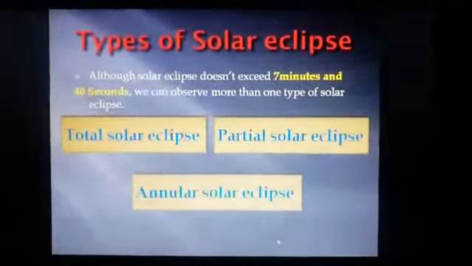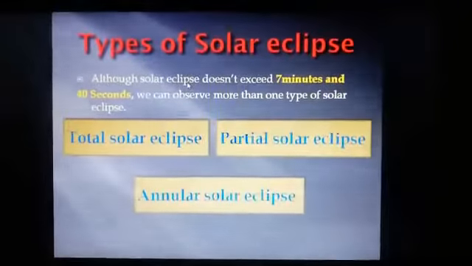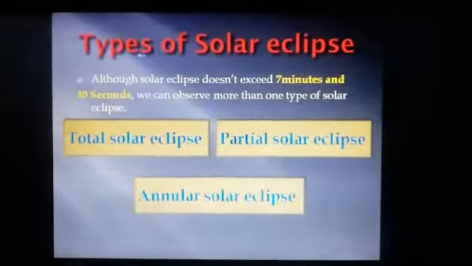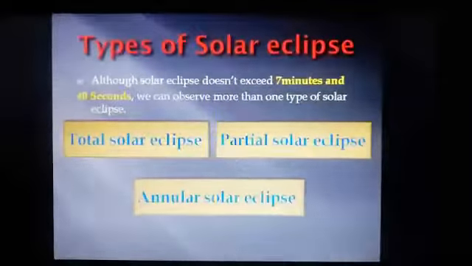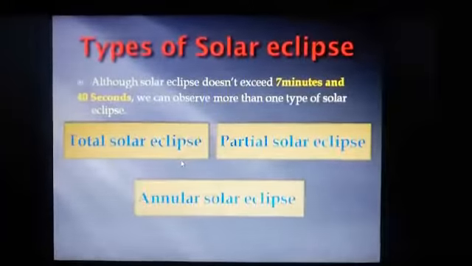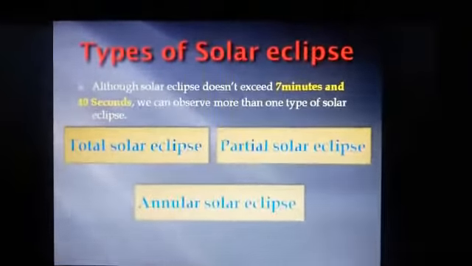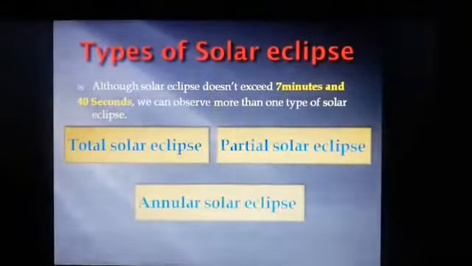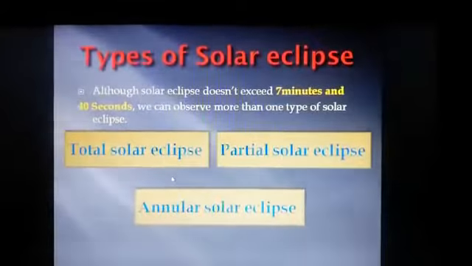Can we observe these types? Yes, we can. Although solar eclipse doesn't exceed 7 minutes and 40 seconds, we can observe these types of eclipse. But we have two cases of solar eclipse. In each case, we can observe only two types of eclipse.